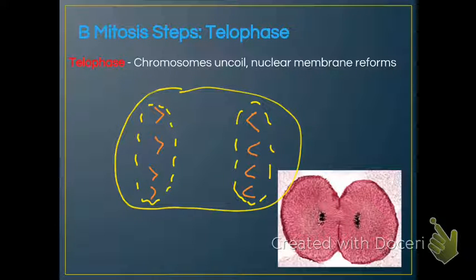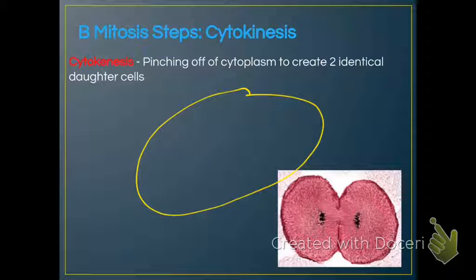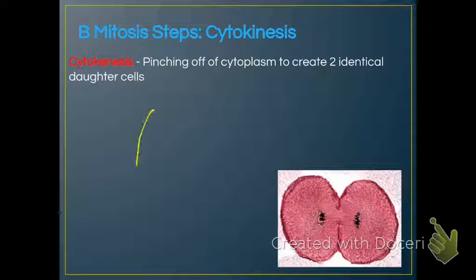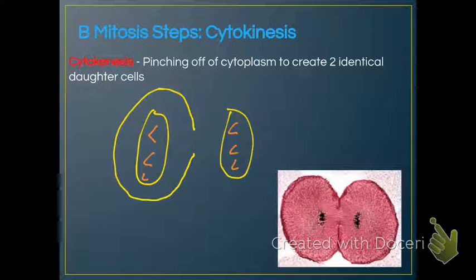So in cytokinesis, let's draw it. Now you have, I'm going to draw the two nuclear membranes, right? So you now have two nuclei, right? And then the cell starts splitting, it starts pinching off.